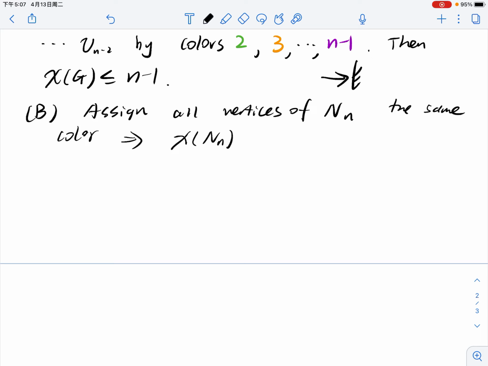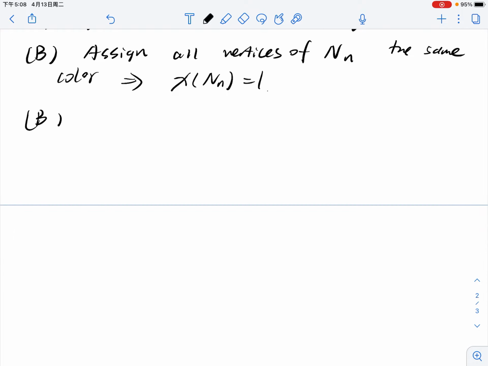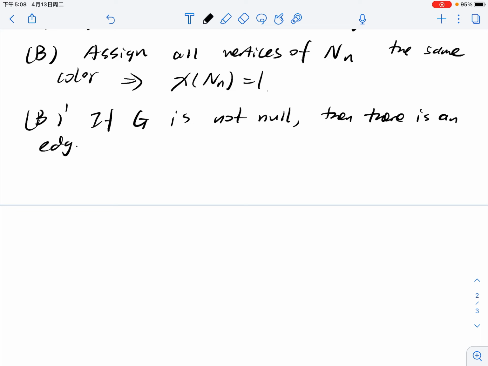But since n is greater than 1, so this is 1. And if G is not null, then there's an edge joining u and v. Then u and v cannot have the same color. In other words, chromatic number should be at least 2, which is a contradiction.